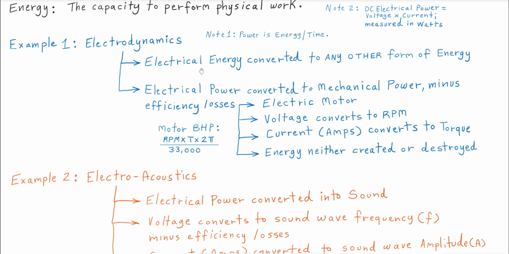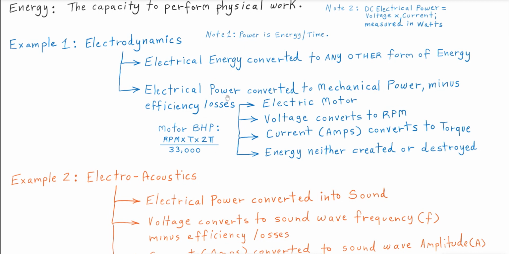So this is electrical energy converted to any other form of energy. So just a really practical example is electrical power converted to mechanical power, of course minus the efficiency losses. So a device which does just that is the electric motor.